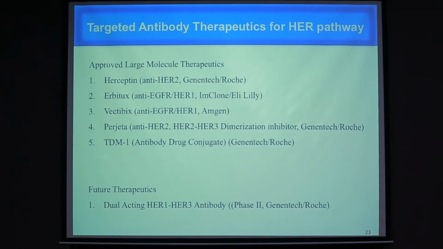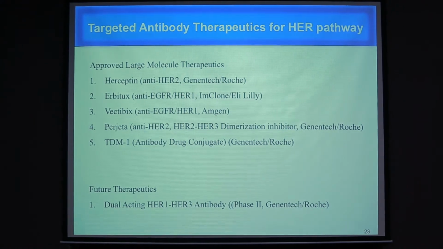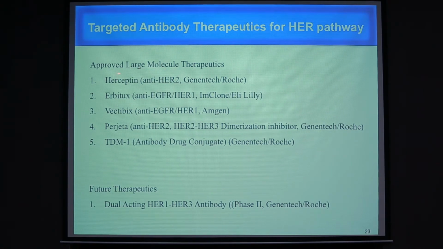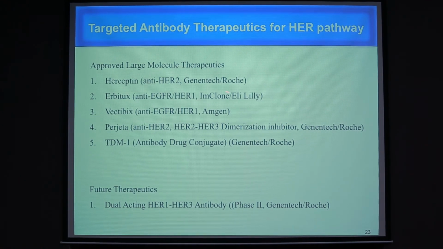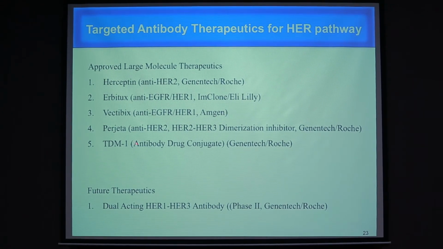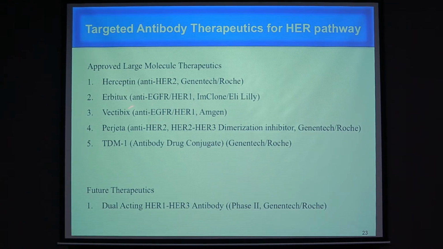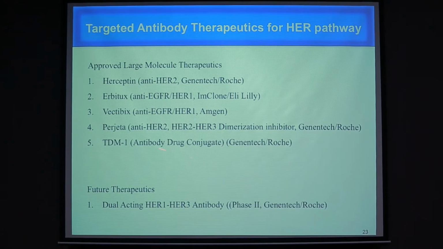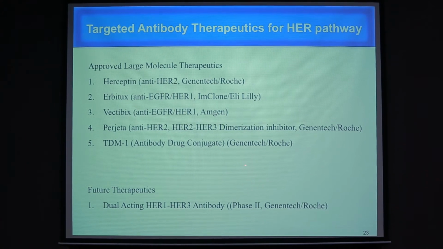Okay, so again, there are many approved large molecule therapeutics, and as I said, for this pathway only I am talking about, there are plenty of other ones. Herceptin by Genentech Roche, anti-EGFR Erbitux, Vectibix, that's anti-EGFR from Amgen, and Perjeta again from Genentech, that's a HER2/HER3 dimerization inhibitor. The T-DM1 one again from Genentech.